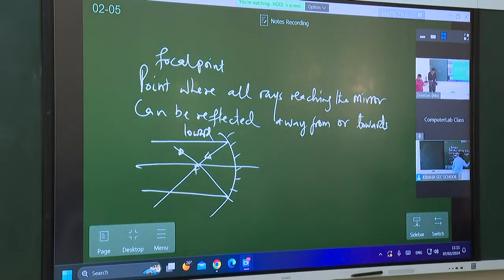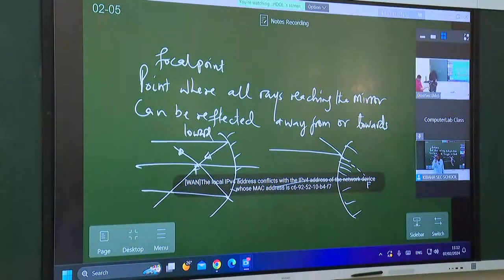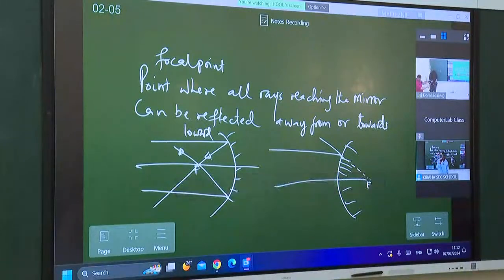But if now we have a convex mirror, this one being a convex mirror, then the light falling on it is not reflected randomly, but the reflection must have an imaginary line reaching point F, which means it is reflected away or towards.